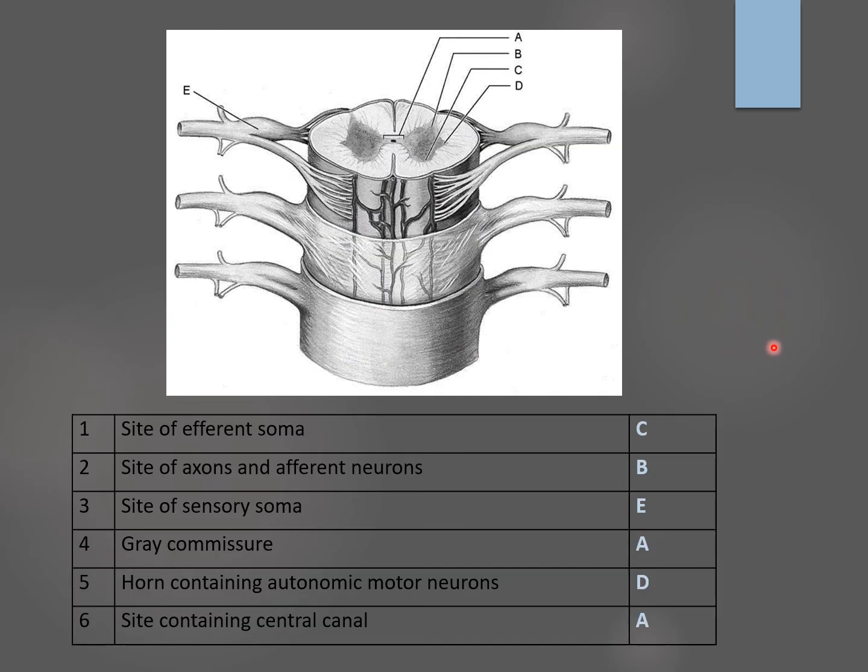This again is something that I asked you to fill in on your document. And as you can see, the site of efferent soma is going to be right here.